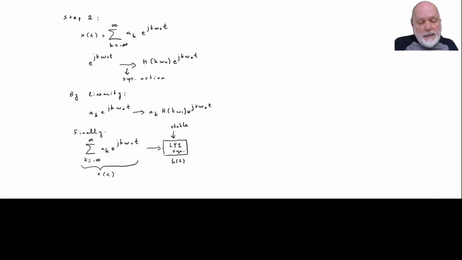We have a stable LTI system. Then the output will be, by using linearity, the same superposition with the same complex constants, which gives us the action of the system on e to j k omega 0 t.